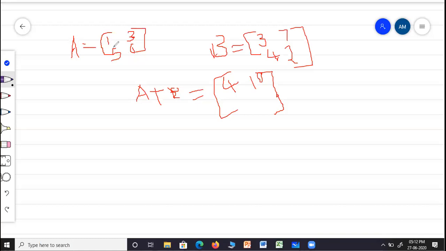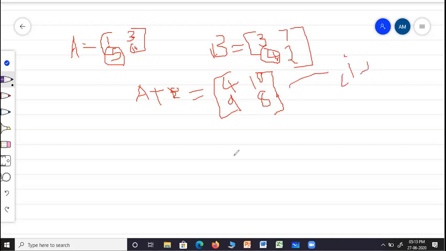Then we add the elements of the second row, first column from both matrices, that is 5 plus 4, that is 9, and 6 plus 2 is equal to 8. So the answer of A plus B is 4, 10, 9, 8. Let us call it equation 1.